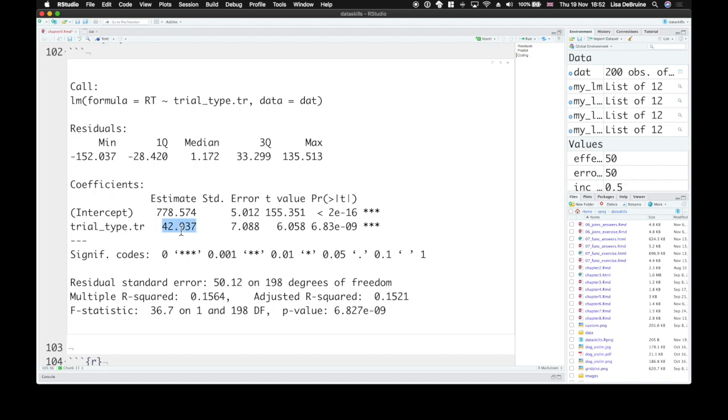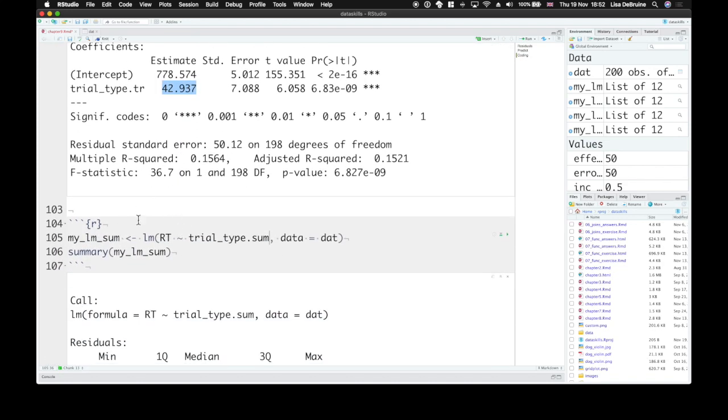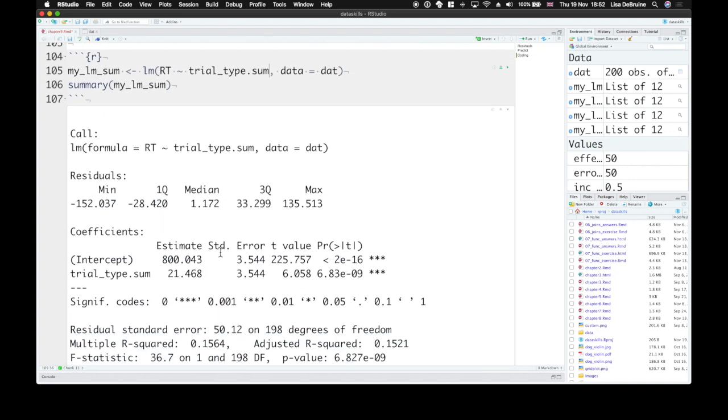So your effect is still the difference between the 2 categories. When you sum code things with positive and -1, your intercept is back to being representative of the mean for the overall set, but the estimate itself is half the size of the difference between the 2 categories for your factor. It is the difference between the intercept and each of the categories.